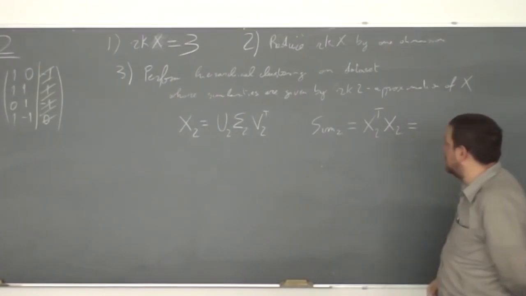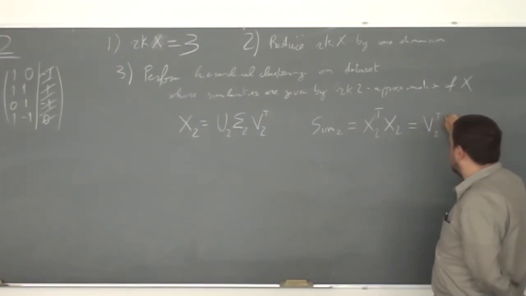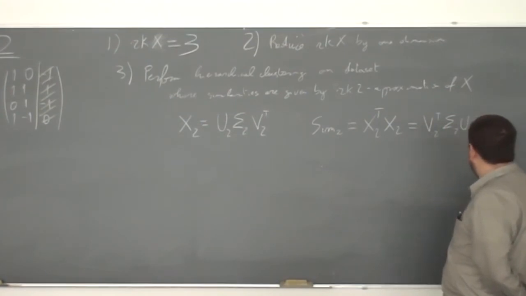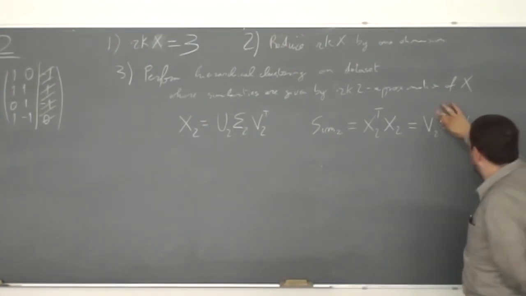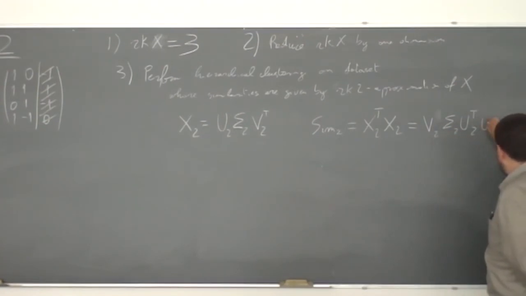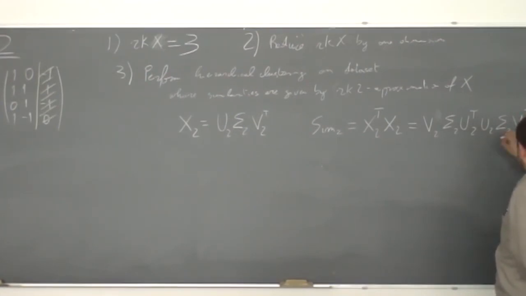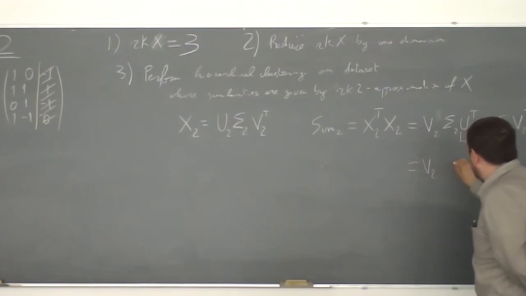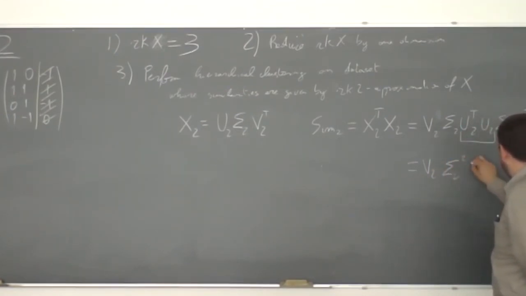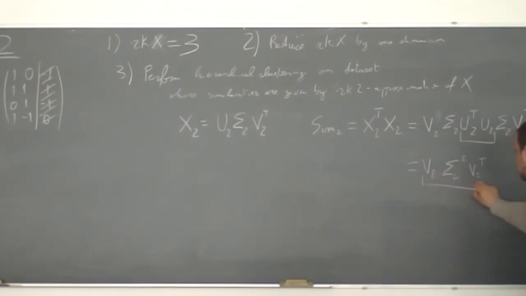But X2 transpose X2 is, sorry, V2 sigma 2 U2 transpose U2 sigma 2 V2 transpose. But we know that the first two columns of U are orthonormal, so this is the identity. So it's V2 sigma 2 squared V2 transpose. And this is what we need to compute to have all pairwise similarities between documents.